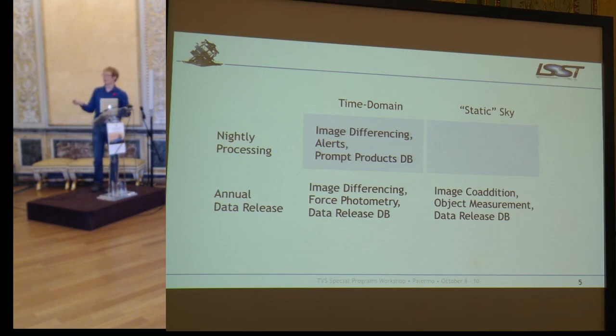So most of the static sky cases, if you're interested in coadds or in measurements of galaxies, are all going to be in the annual data release. But so is the image differencing. We will re-difference all of the images taken in the history of the survey every year, so we'll always have new detections of difference image sources.